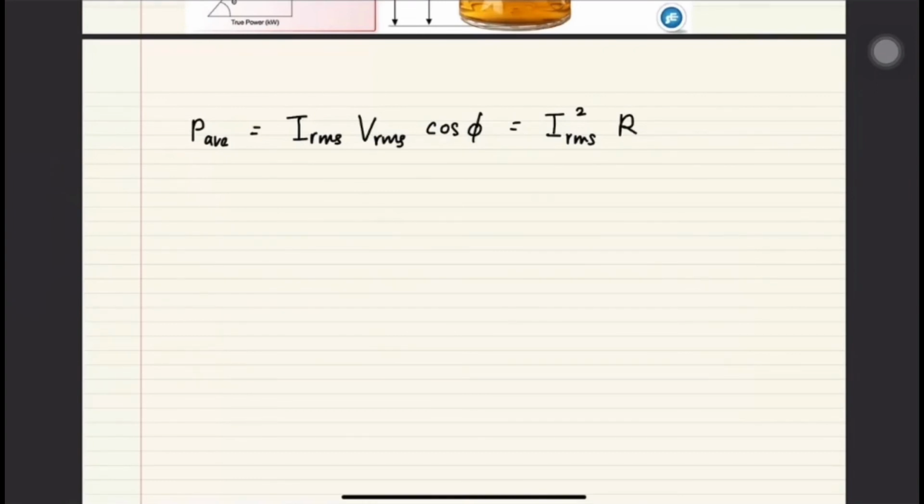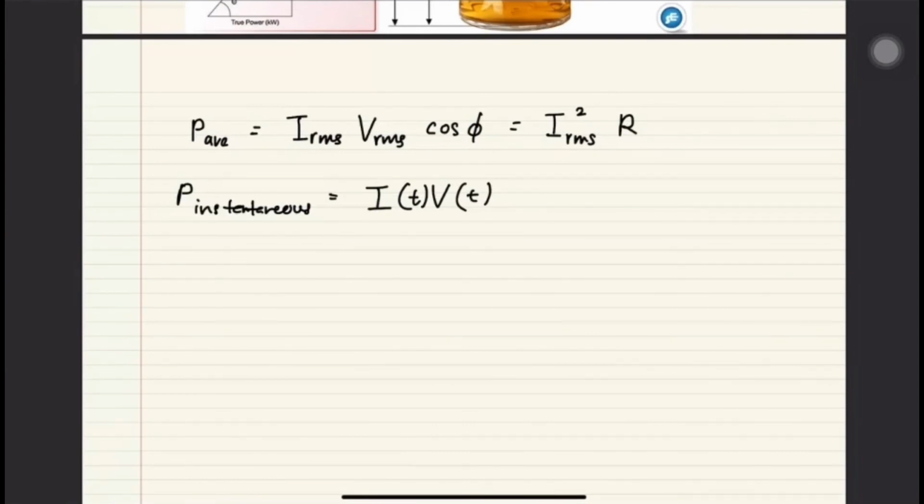Kalau instantaneous, this one hanyalah IV. But remember, you have to find I with respect to the time at that particular time. And then you can multiply, and you can calculate.